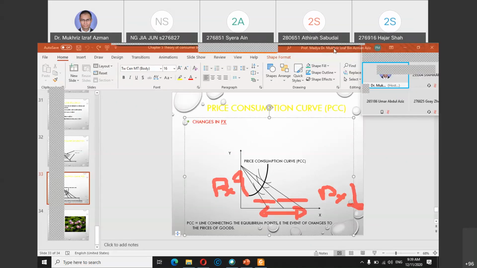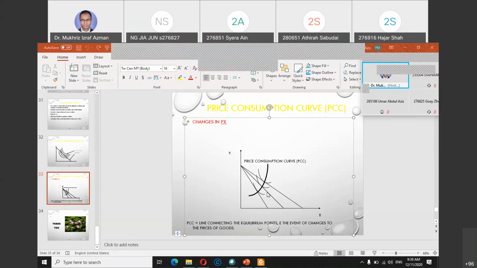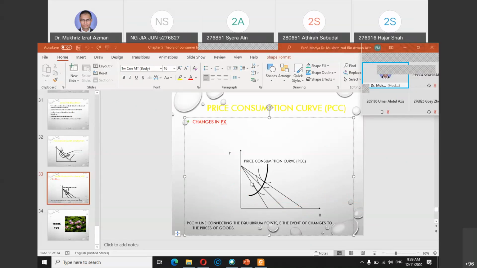Different budget lines mean you have a different indifference curve altogether. At this budget line, you have one indifference curve tangent to it, and at the next budget line, another indifference curve is also tangent to it, and likewise for the third budget line.